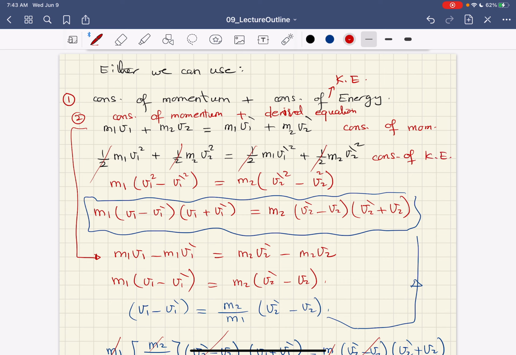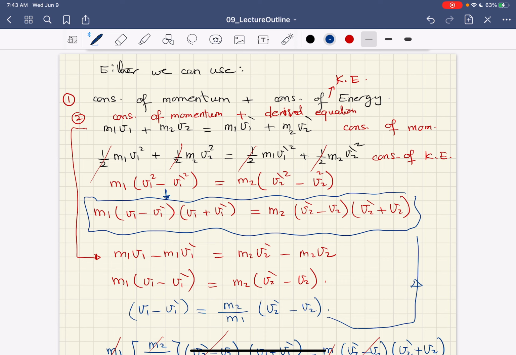For the second equation, I dropped the 1/2, and then I rearranged the terms so that I have m1 times (v1 squared minus v1 prime squared) equals m2 times (v2 prime squared minus v2 squared). And then here, this is a difference between two squares.